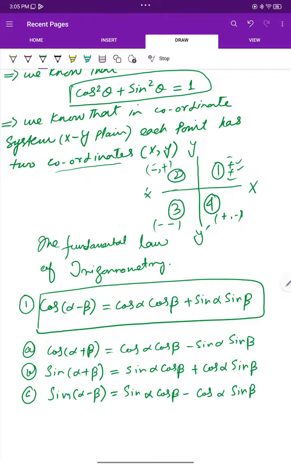So all these we can derive from this one: cos alpha minus beta is equal to cos alpha cos beta plus sin alpha sin beta. And the other one, which is also important, tangent.